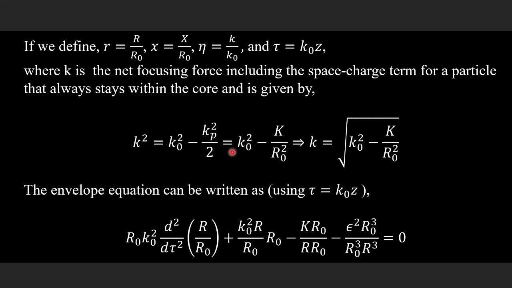That gives me k naught square minus k over r naught square. This is the external focusing force because of the magnetic field that we are using, from our solenoid, and minus a space charge term that defocuses the beam. We simplify it further, so we write small k is equal to under root k naught square minus k over r naught square. That makes sense, right?